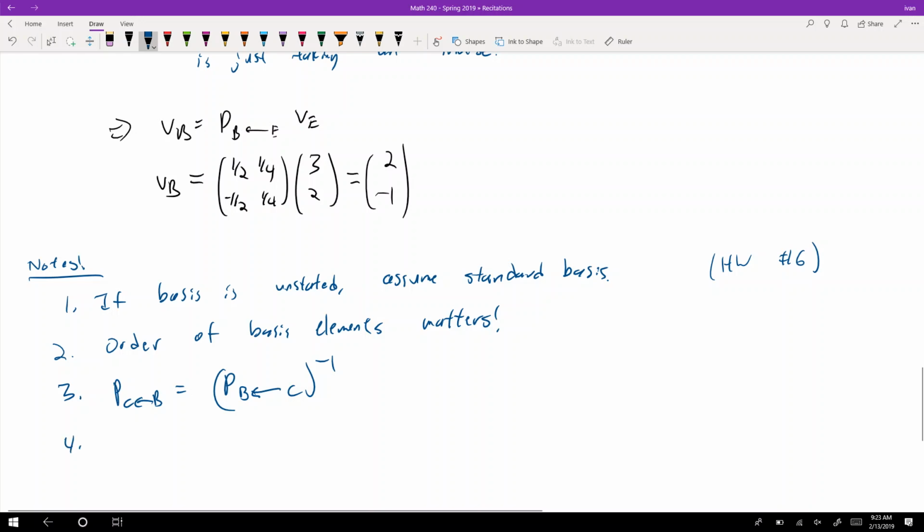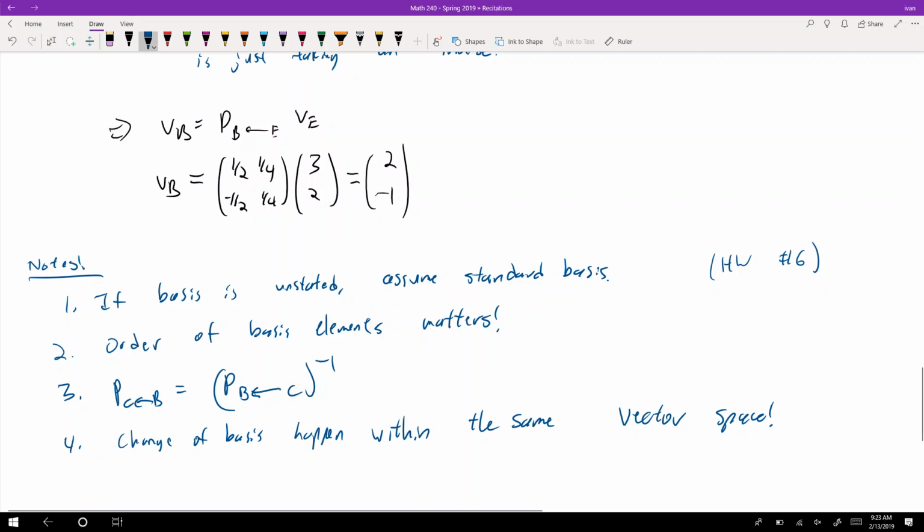And number 4, change of basis happens within the same vector space. All right, what does that mean? Well, does the dimension of a vector space ever change?